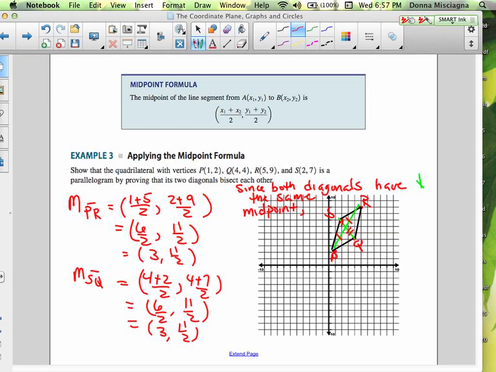Both diagonals are bisecting each other.